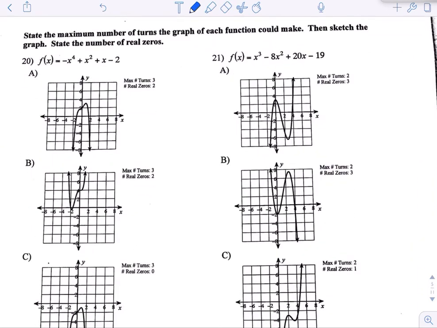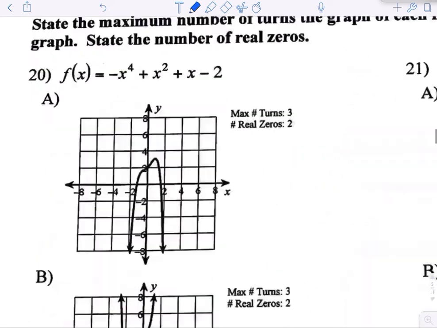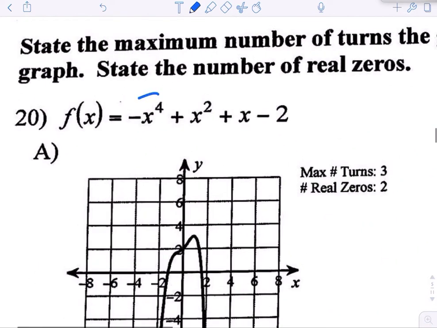Alright, so for here, you guys, this graph gives you information. So, first of all, this gives you guys what your end behavior is. So negative, even, a negative and an even, which would be down, down.